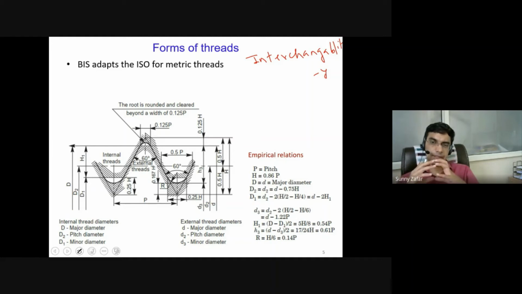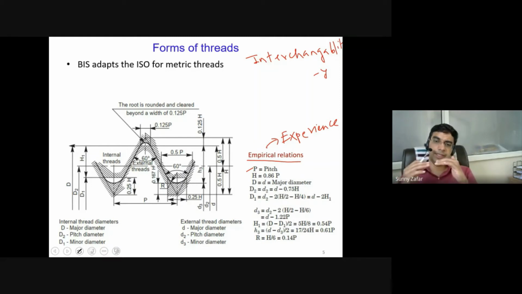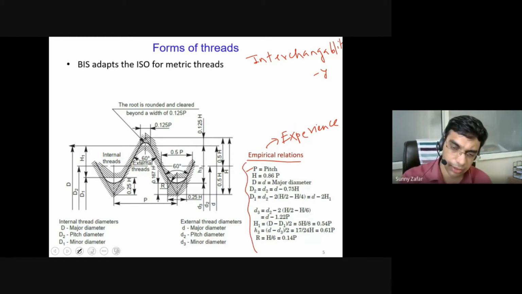Based on this concept, several empirical relations, which as I discussed earlier are experience based, were developed, where the pitch of the thread decides all other parameters of the thread, including the major diameter, minor diameter, and height of the threads. You can use these correlations while you draw these threaded fasteners later on.